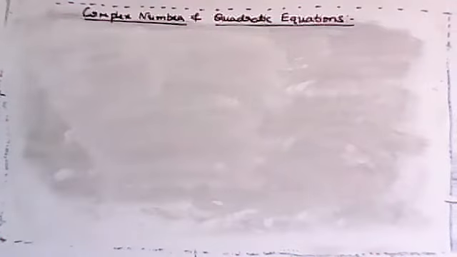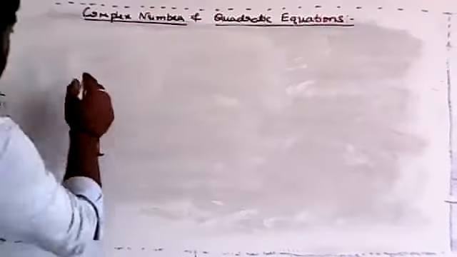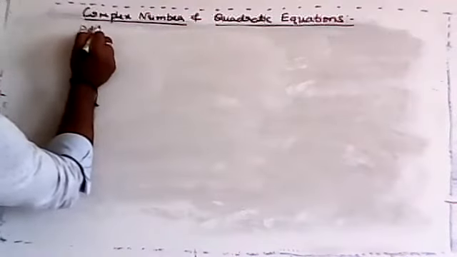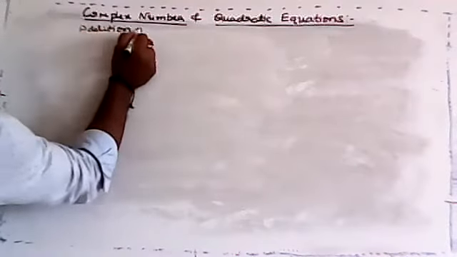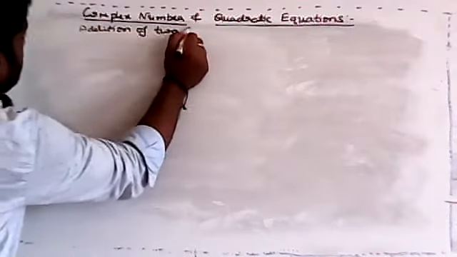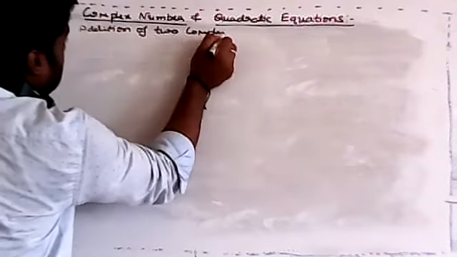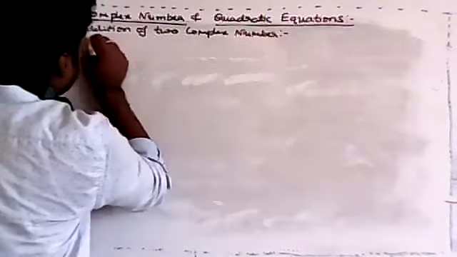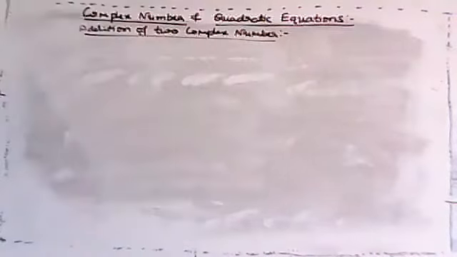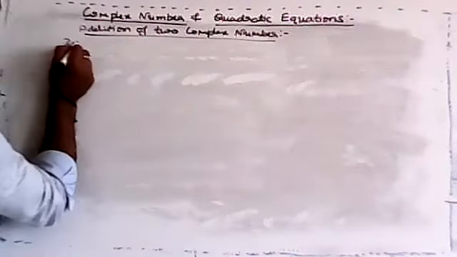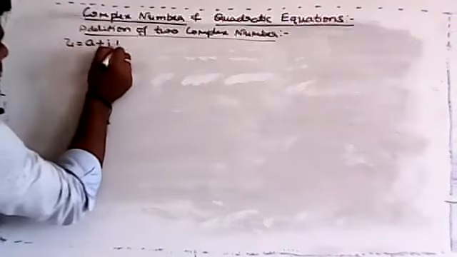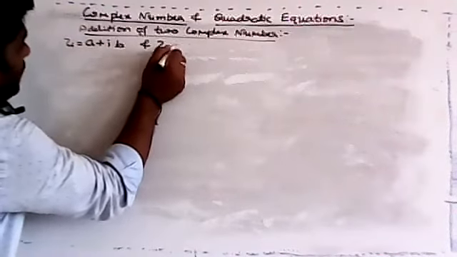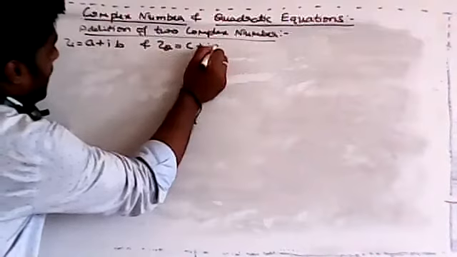So first one I'll go for is addition of two complex numbers. I'll take two complex numbers here. So z1 equal to a plus ib, and z2 equal to c plus id.